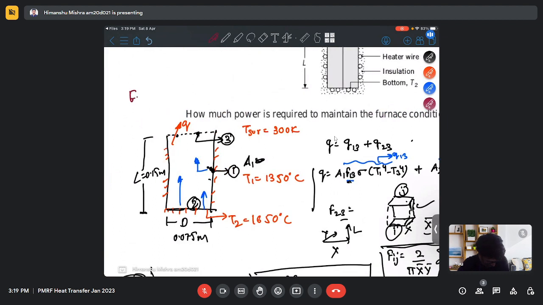the shape factor F12 will be equal to the shape factor F13. That means whatever radiation comes out of this surface and is incident on surface 2 is equal to the same radiation, in equal amount, incident on surface 3.